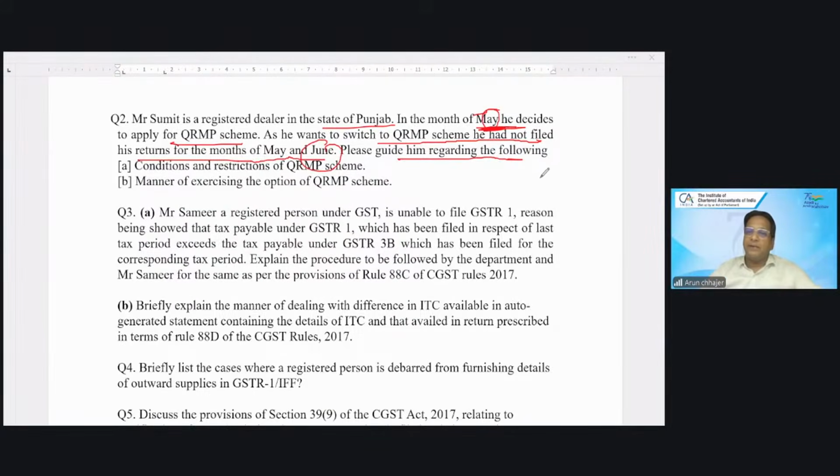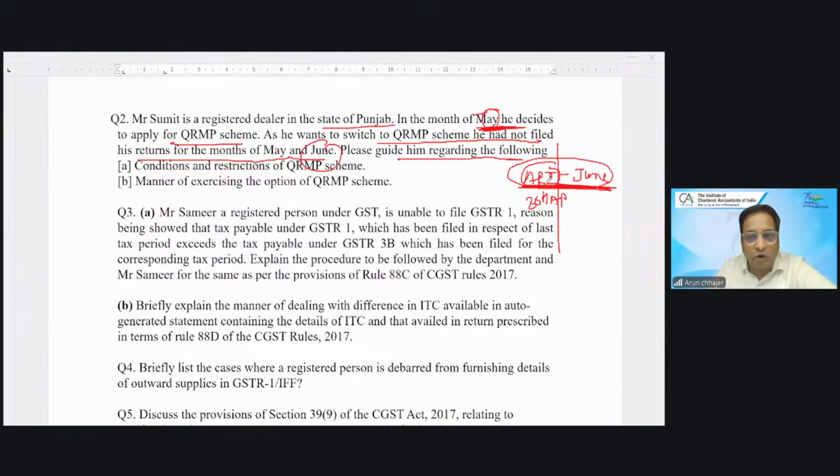See, he is talking about the April to June quarter. What is the last date to apply for QRMP for April to June? Sir, 30th April is the last date of the first month, because he is in May.